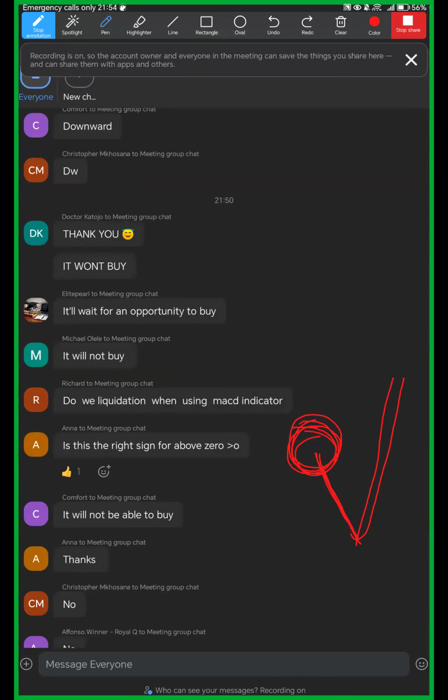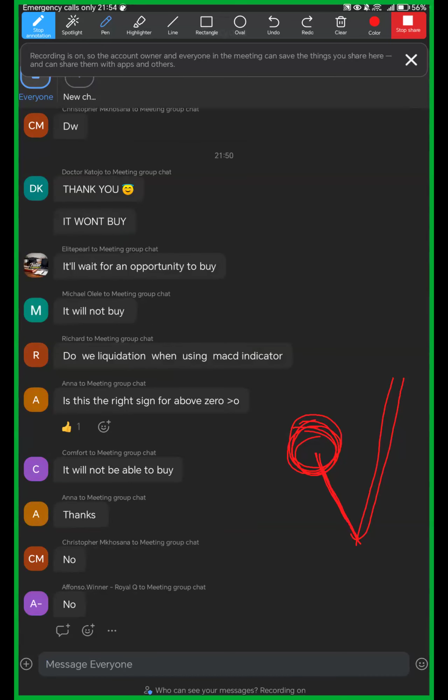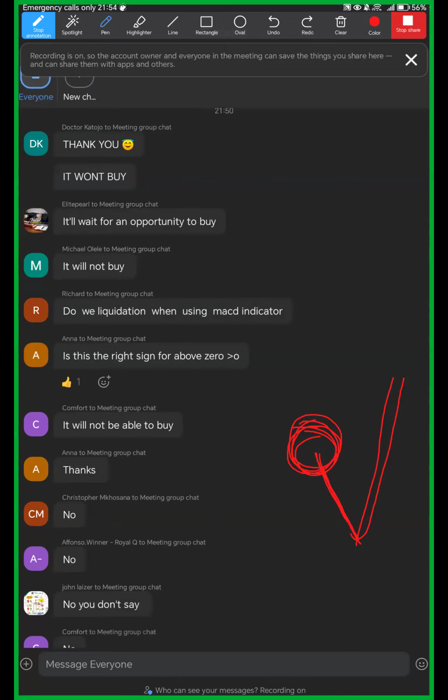No. It only helps you to spot good entries, because the Royal Q robot does not control the market. Sometimes the price can fall and the robot enters the market in the shorting of the market. Immediately after shorting, you see that the market starts to rise.